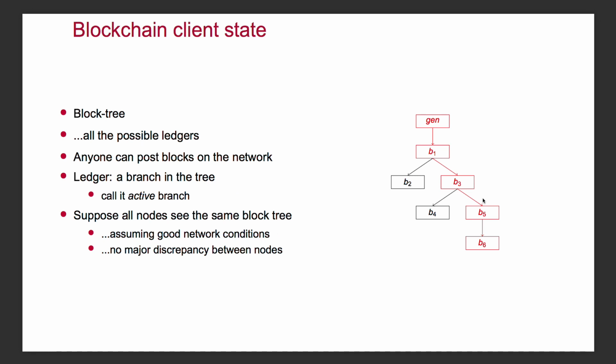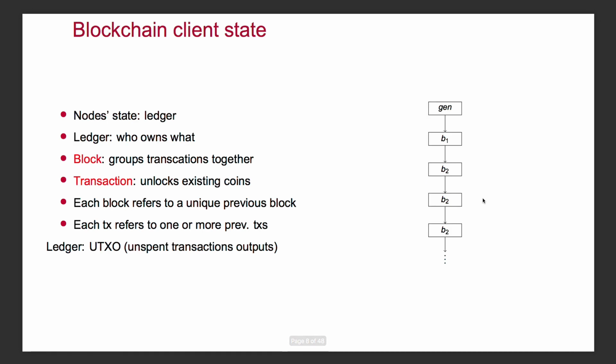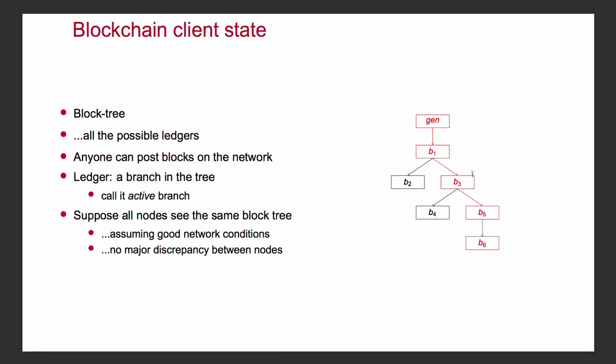Now, since everyone can post blocks on this network, there is nothing to enforce that the blockchain will look like a line in this picture. In fact, participants can post blocks and have multiple blocks pointing to one previous block. So nodes end up keeping a block tree, not just a blockchain.